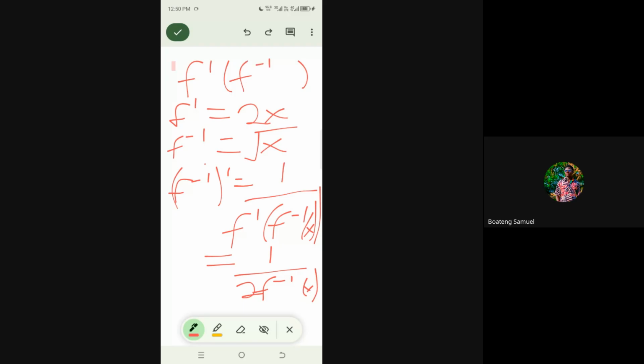This whole thing is the same as x. And we know that f of x here is this. In this case, wherever you see x, you put f inverse there. That is what we did here. Is it clear?